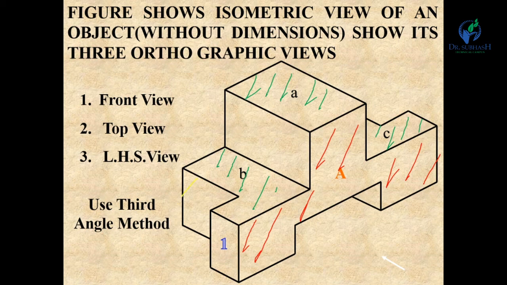This yellow portion will show the side view. Now 1, 2, and also 3, that is 1, 2, 3, show the side view.